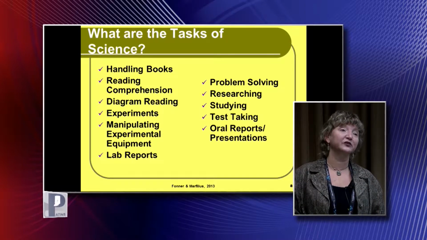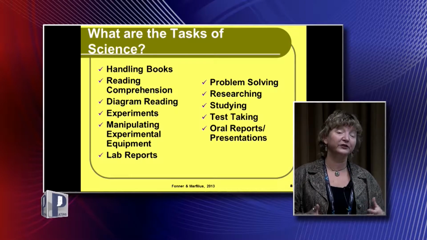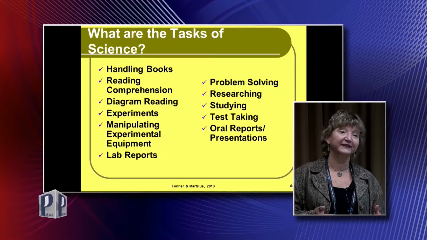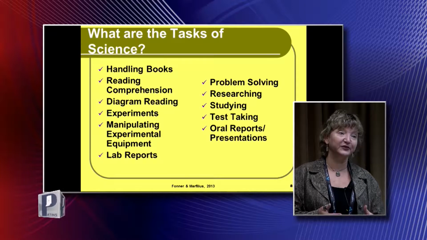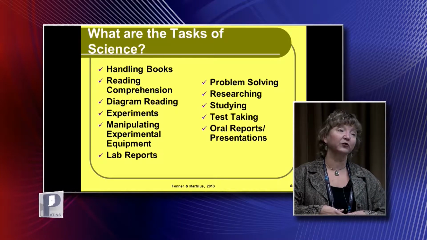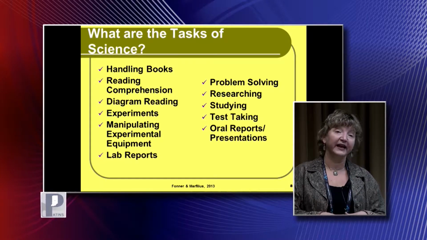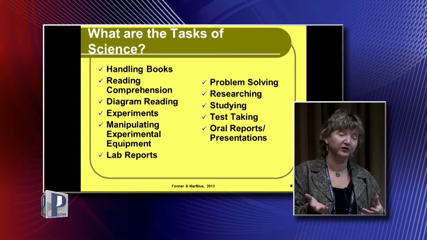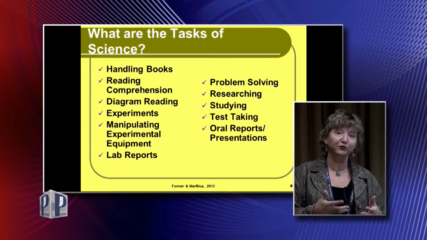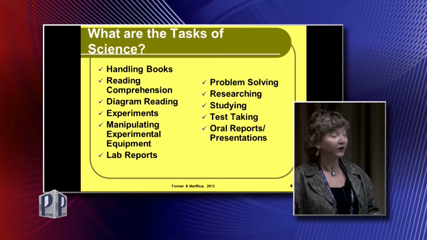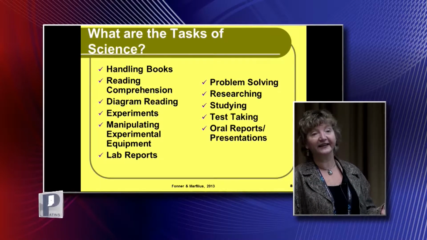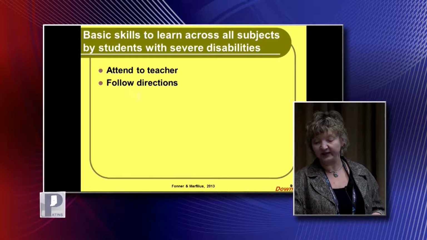And one of the really nice things about science is that it often is a much more open environment to try out different assistive technology tools and use them, and then we're able to find out what works and then move them into a math environment, move them into an English language arts environment, and really give them a good trial there. But we're looking at what are the things that we can do for diagram reading, and again, you're going to see these in the examples here.